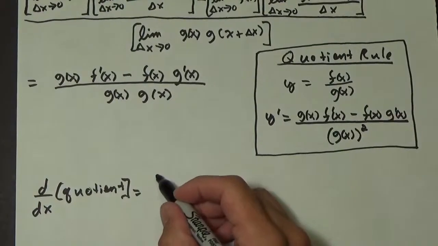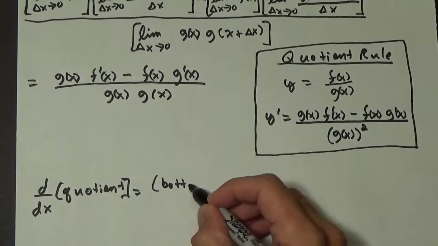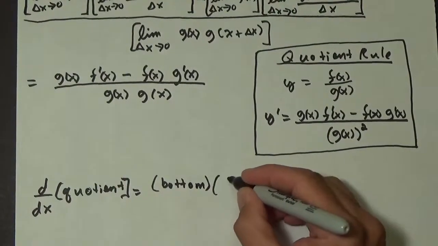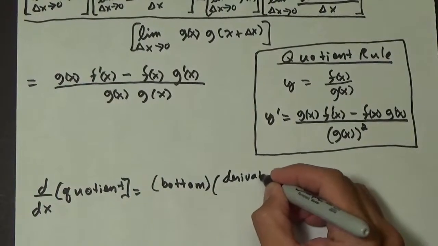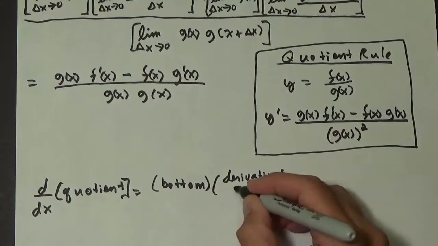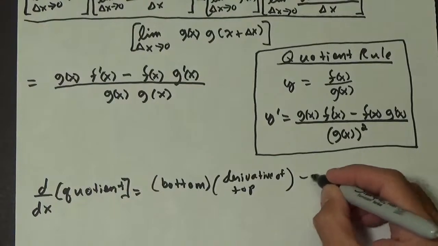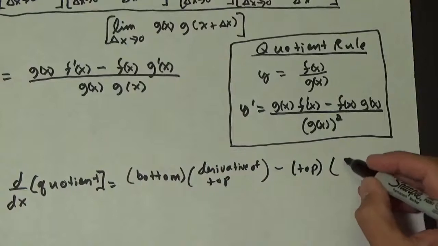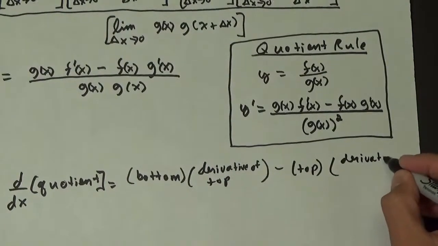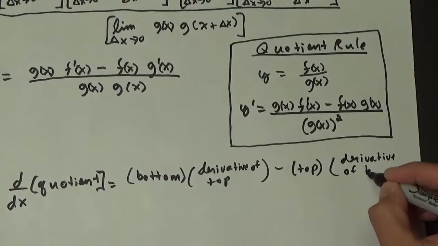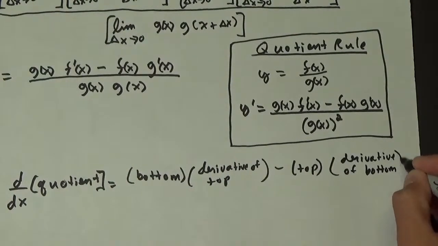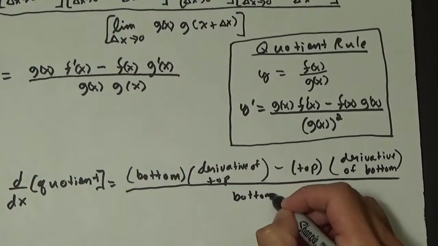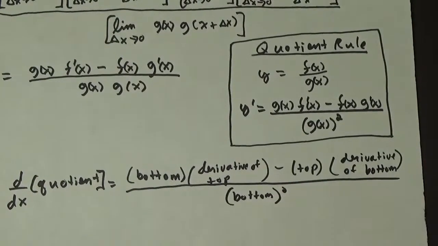And so what we do is we say, okay, it's the bottom times the derivative of the top, minus the top times the derivative of the bottom, over the bottom squared.